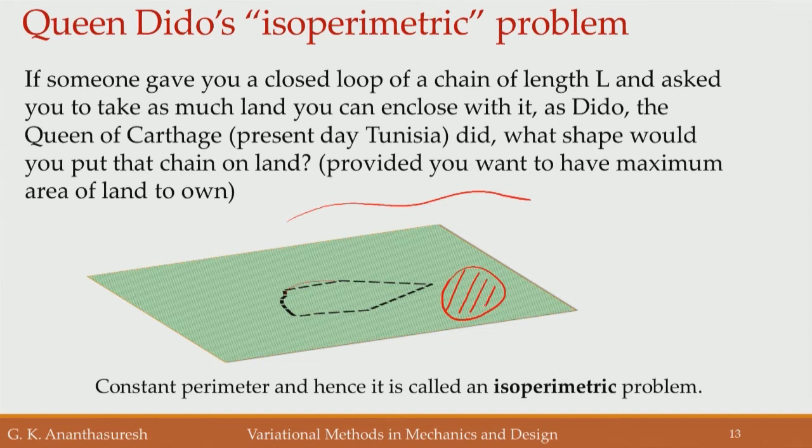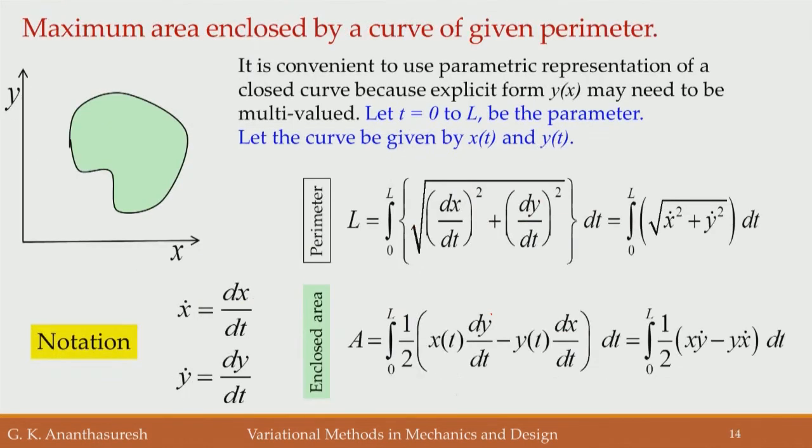This is a classic problem called the isoperimetric problem or Queen Dido's problem, but how do you do that? The answer for this is actually a circle, but we will learn how to pose it as a calculus of variations problem first. So, the area enclosed by a curve, which is what you see in this green one, is given mathematically in this fashion.